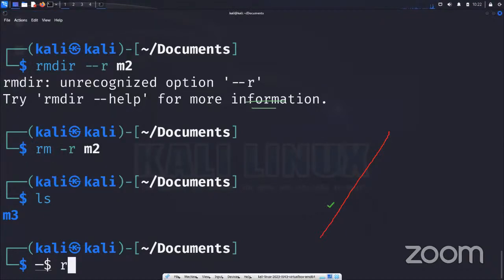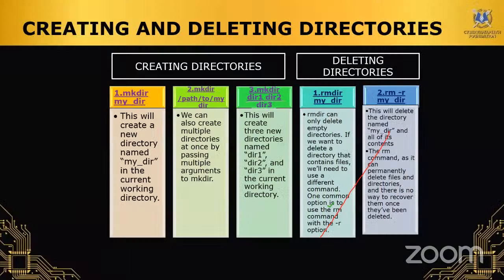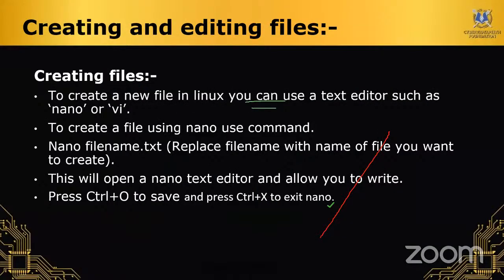Moving ahead, we have creating and editing files. How can we create and edit files by using commands like that? To create a txt file, we can use text editors like Nano or Vi.